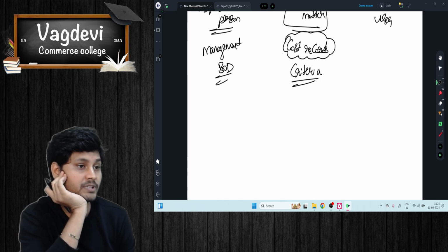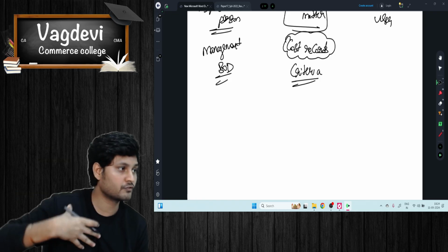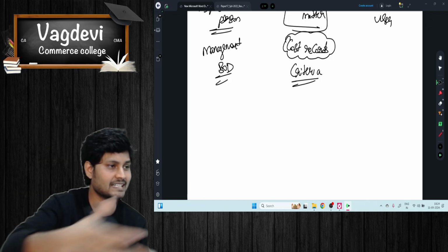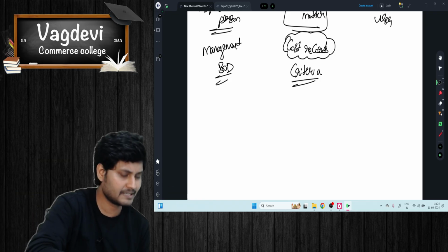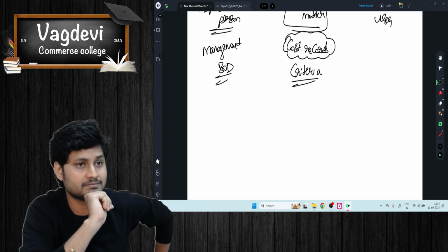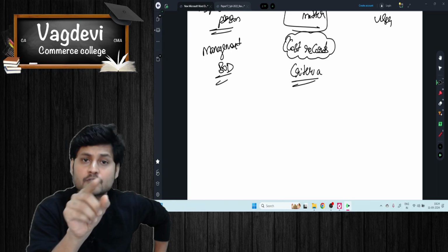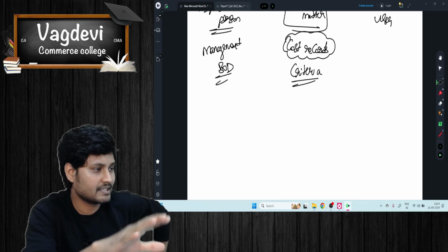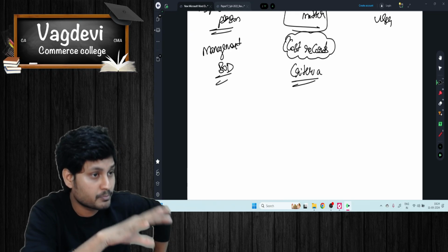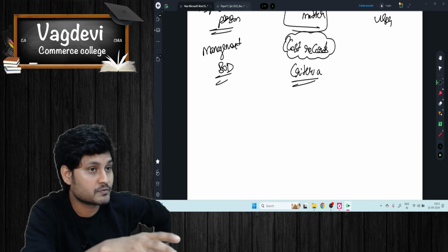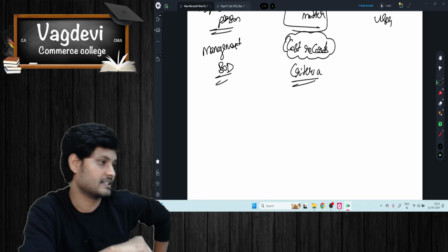Criteria is nothing but some standard that we need to follow while we prepare the books of accounts. Say for example, in CMA Inter we studied accounting standards for the purpose of preparation of books of accounts. Similarly, cost accounting records are also to be prepared in accordance with cost accounting standards.